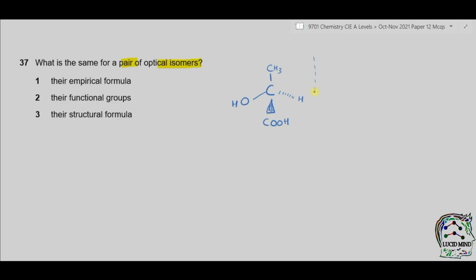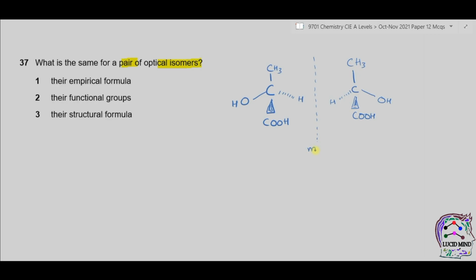Its optical isomer will be the mirror image. As we can see, nothing has changed, only orientation has changed.